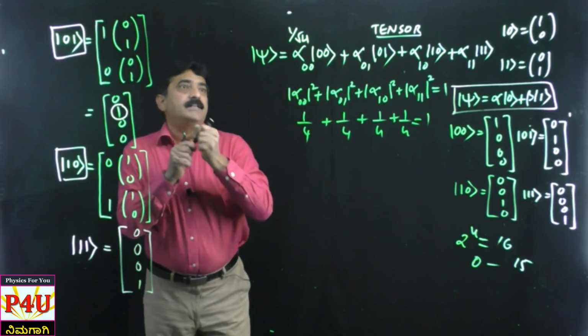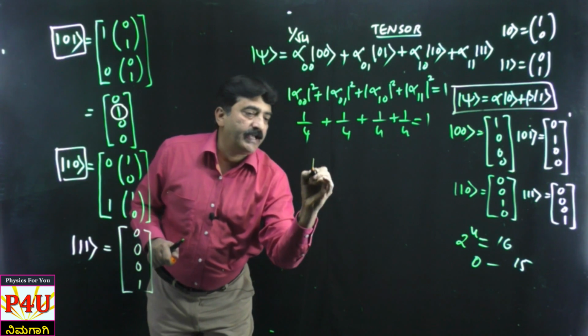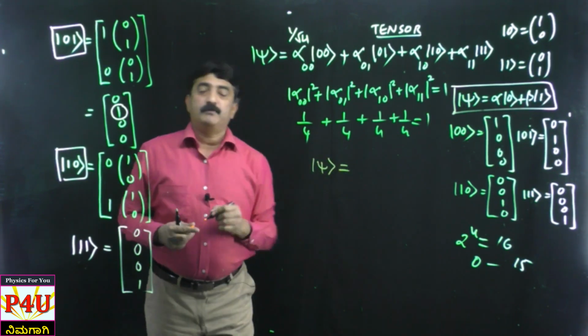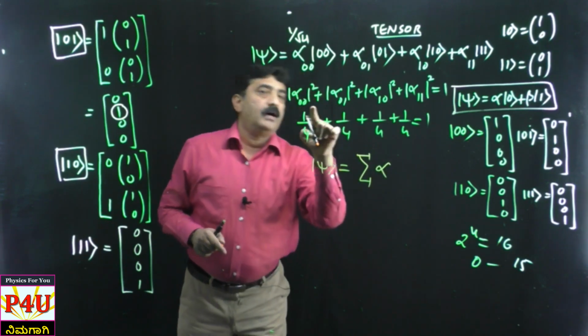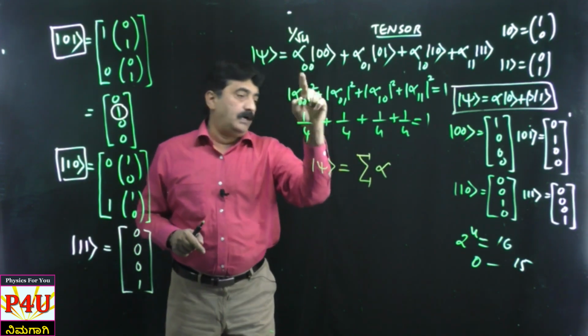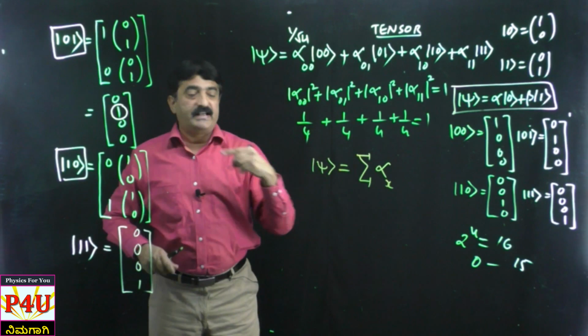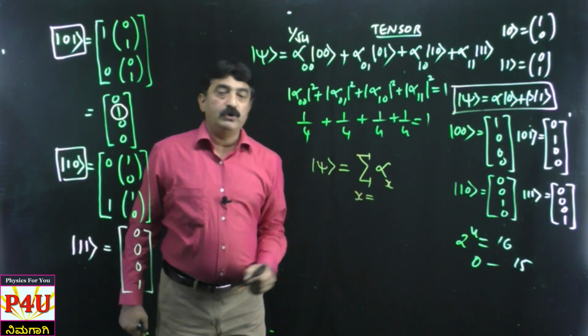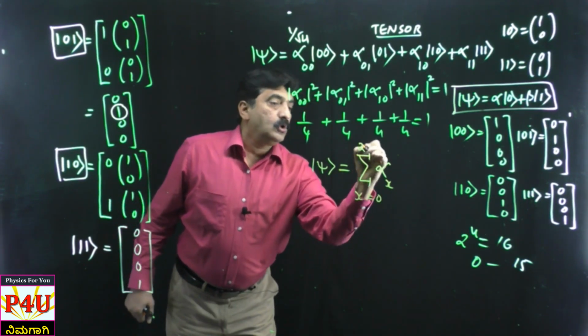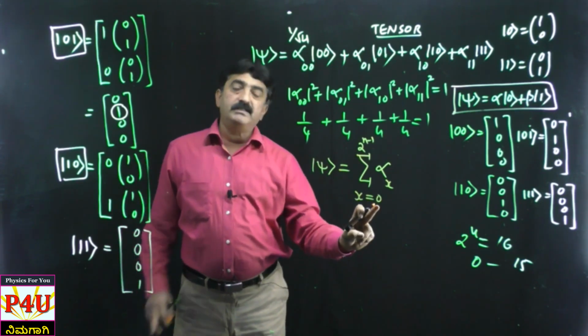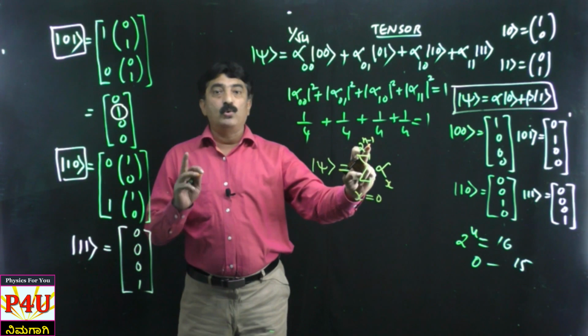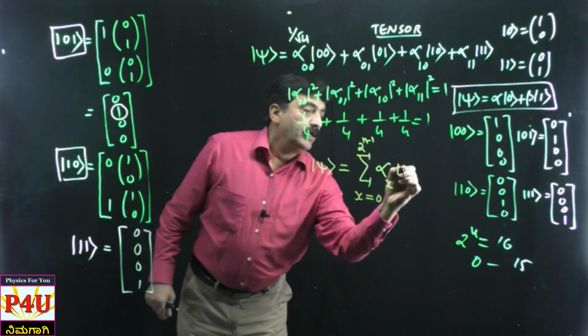In that case, the superposition can be written as sigma of alpha suffix x, where x can take any value from 0 to 2 to the power of n minus 1, not 2 to the power of n. Suppose you take x equal to 1, then I can write alpha x into ket x.